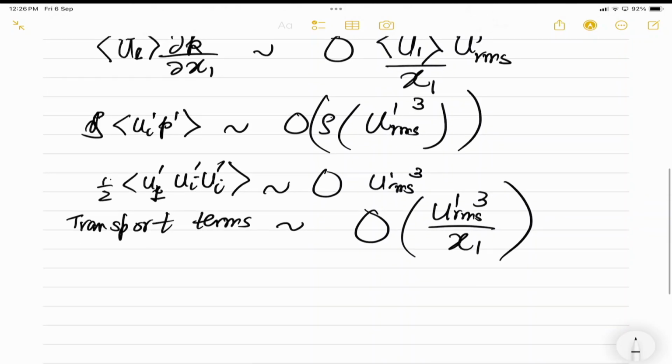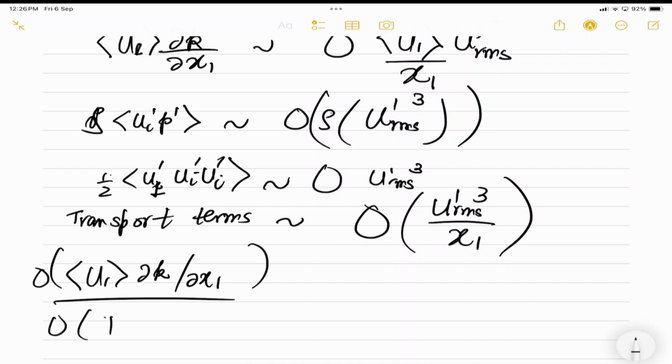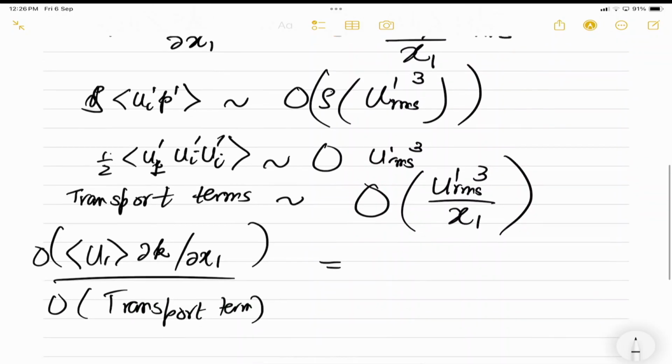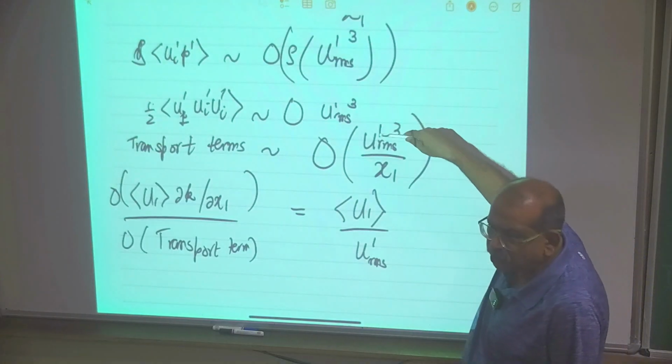So now, when we compare u1 dk by dx1, the order of magnitude of this, to the order of magnitude of the transport term, this will be equal to u1 upon u prime RMS, because this is u prime RMS cube upon x1, and the other had a capital U times u square.